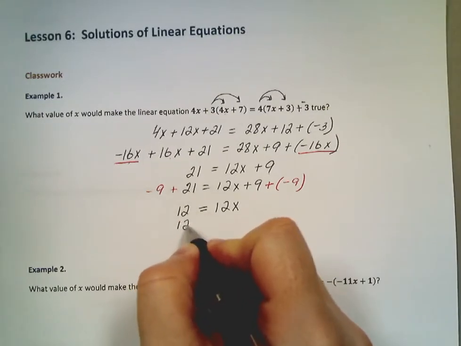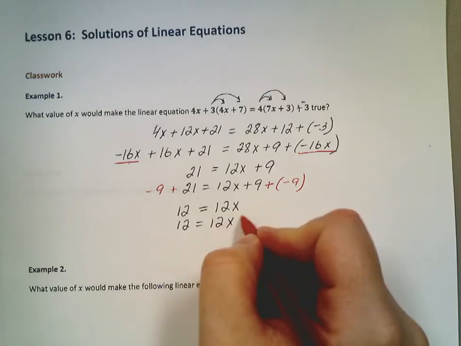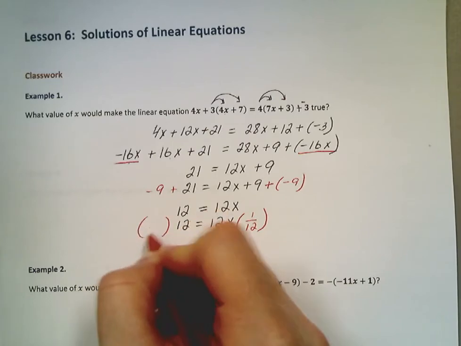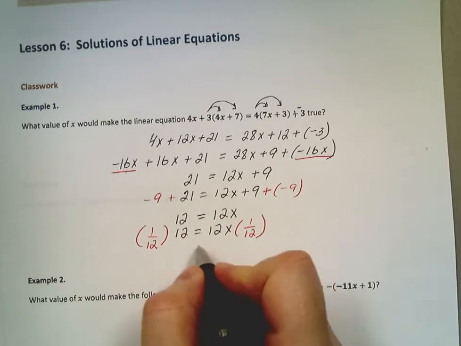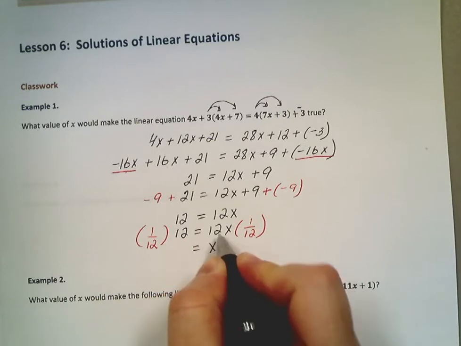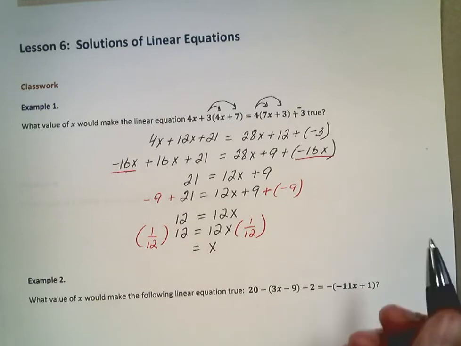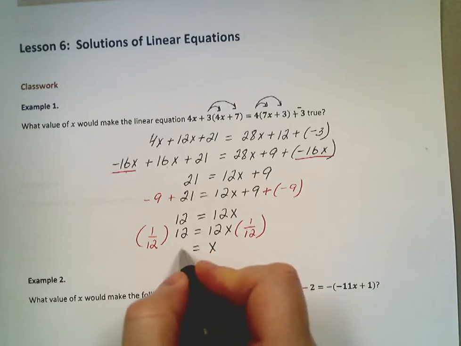So I'm going to rewrite that, 12x, and I'm going to multiply both sides by 1/12. All right, so on the right side, I will have x left because 12 in the denominator and 12 in the numerator get simplified to 1x. And on the left side, I will have 12 and 12 also get simplified. x equals 1.